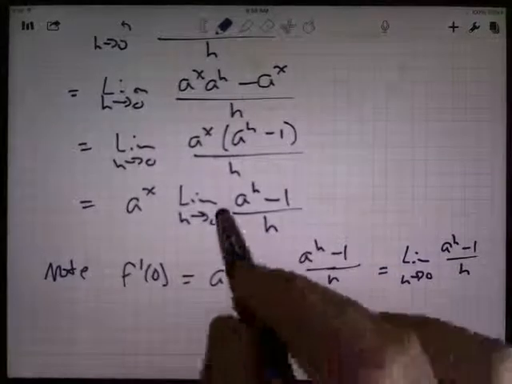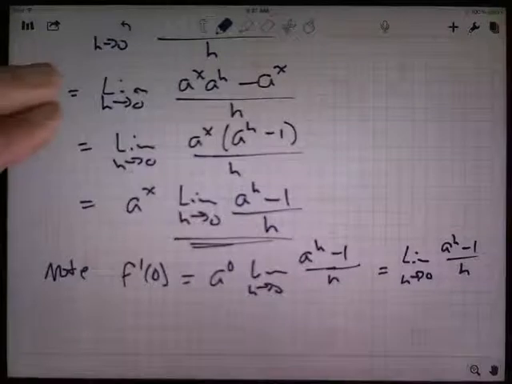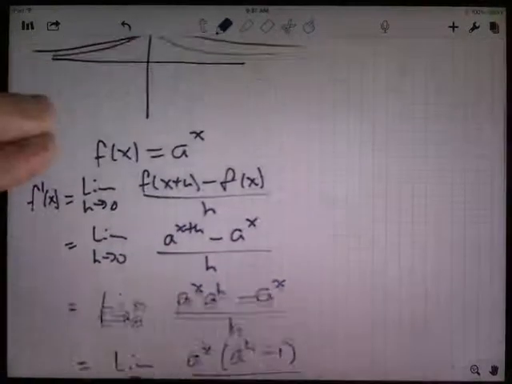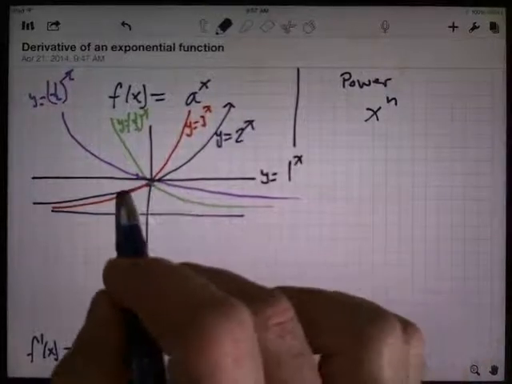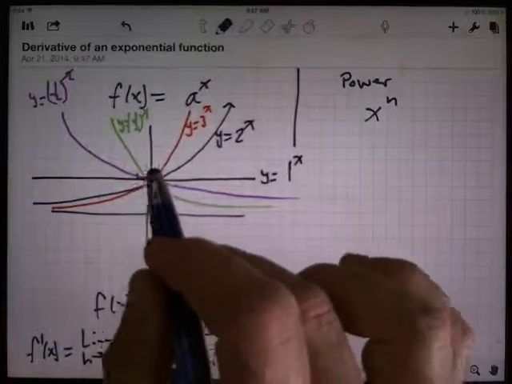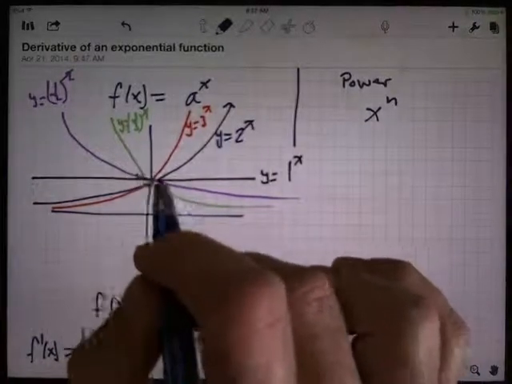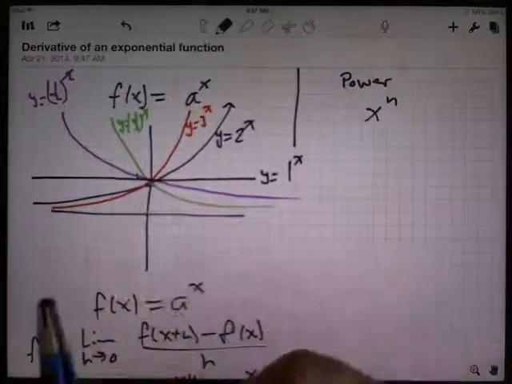So whatever this limit is, it's the slope of the curve as you're passing through 0. This is going to be different for each value of a. 2 is going to be here, 3 is going to be there, 1/3 is going to be there. All those slopes are different as you pass through the origin.